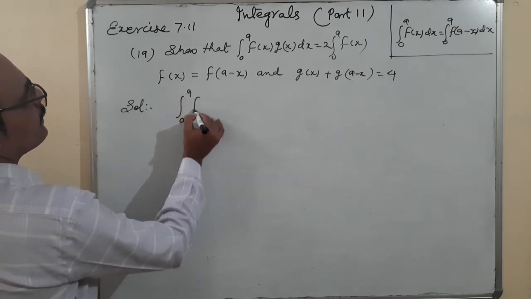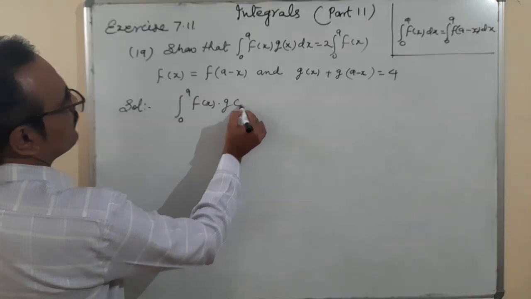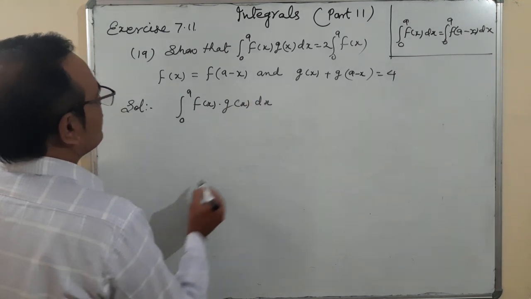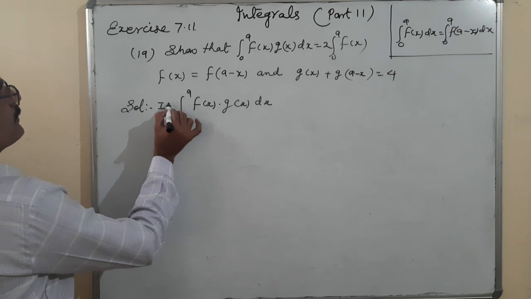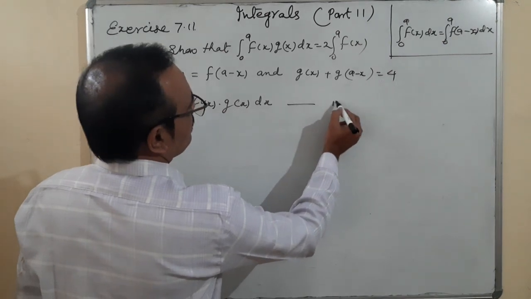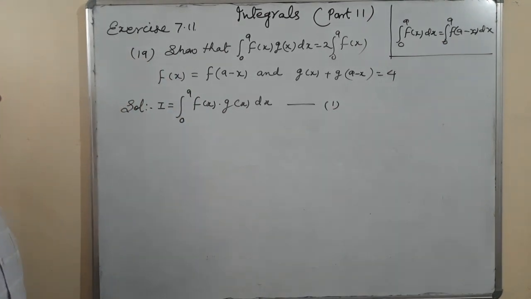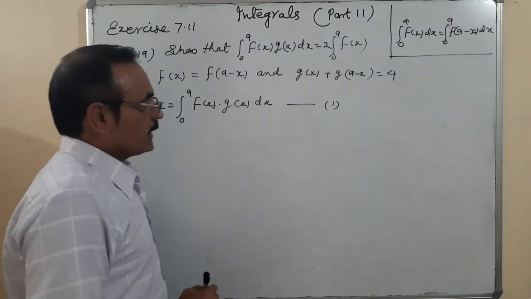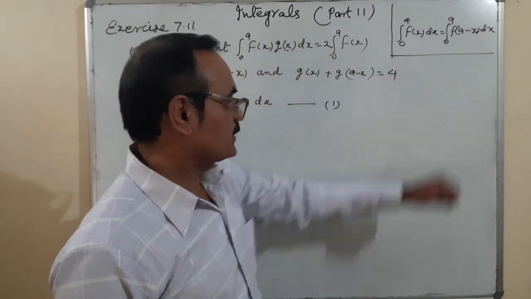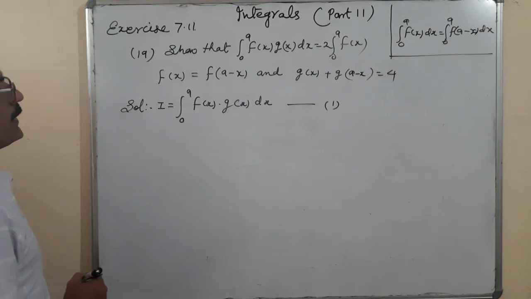Let I be the integral from 0 to a of f of x into g of x dx. Equation number 1. And look at that property, upper limit minus function. I am using the property here.